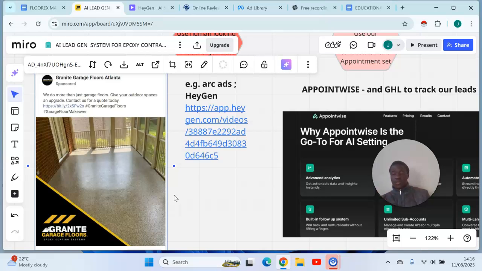Because right now, when running Meta ads, Meta recently introduced AI. We have a lot of Meta AI features. So instead of targeting so many interests, such as garage, home renovation and all that, we don't even need detailed interest targeting whatsoever.